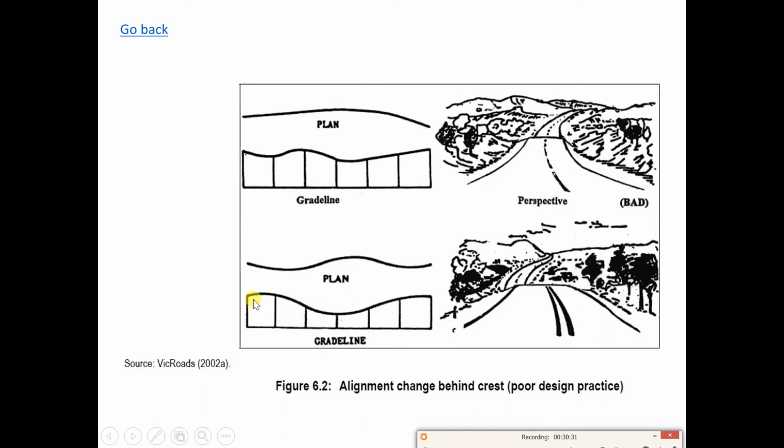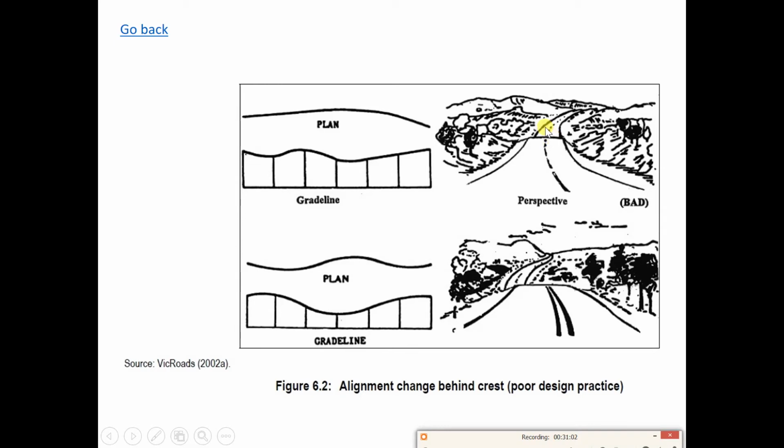At the beginning you don't know what is happening below that, especially when it's behind the crest. Anything at the top or bottom makes it hard for you, especially when you're at the start of your horizontal curve. There's a confusion here. You don't know what is happening.